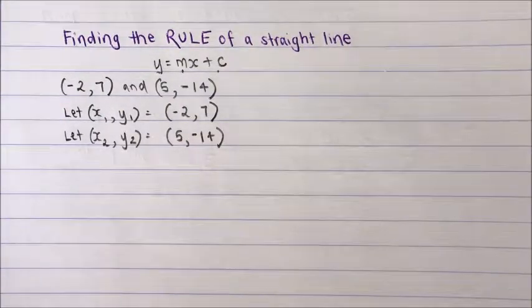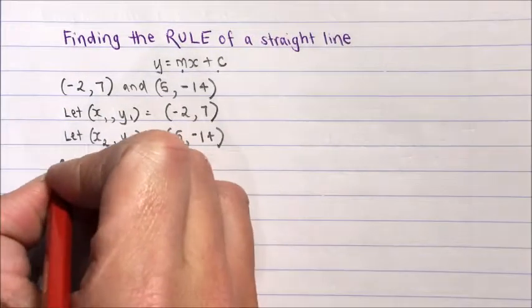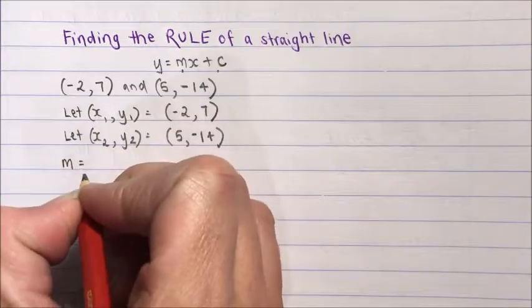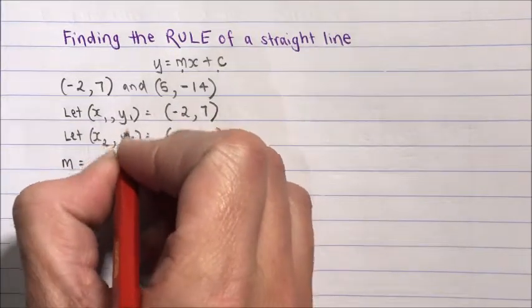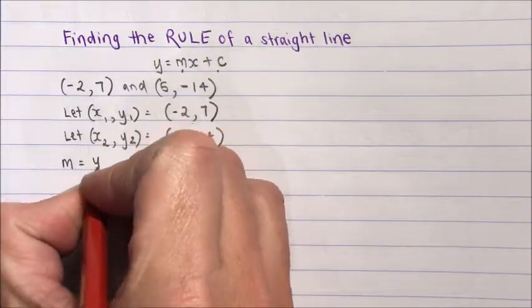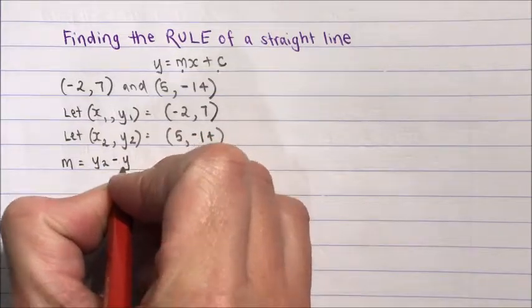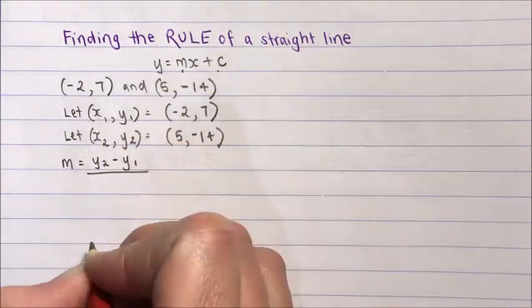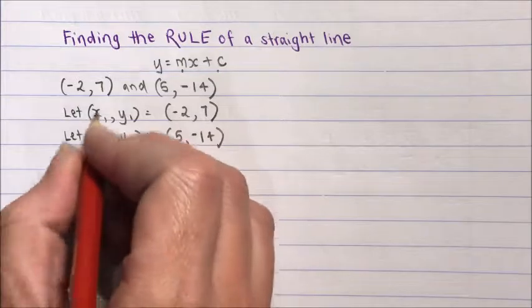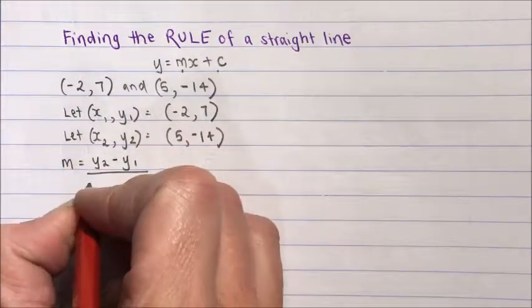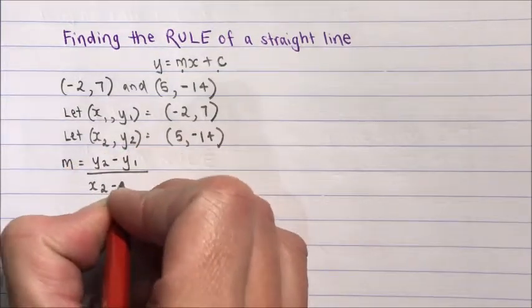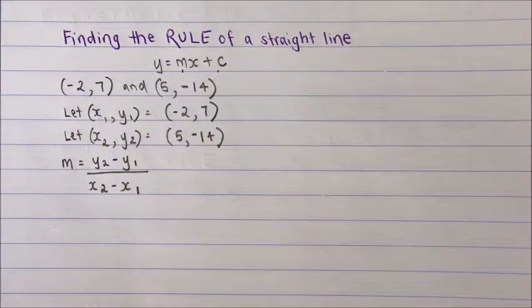Let's write in our formula for working out the gradient. m equals the rise, so the difference between the y coordinates, y2 minus y1, over the run, the difference between the x coordinates, x2 minus x1.